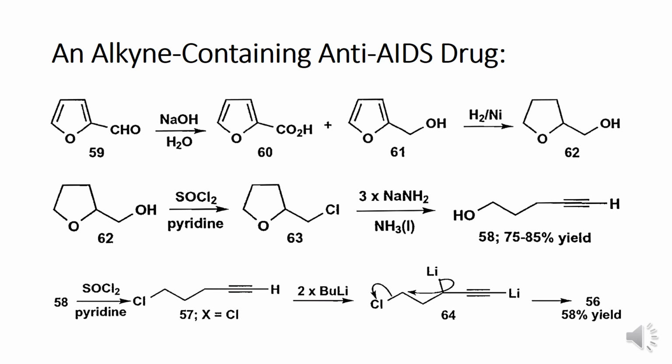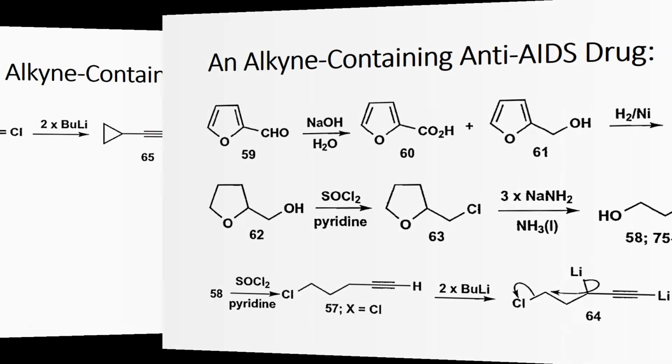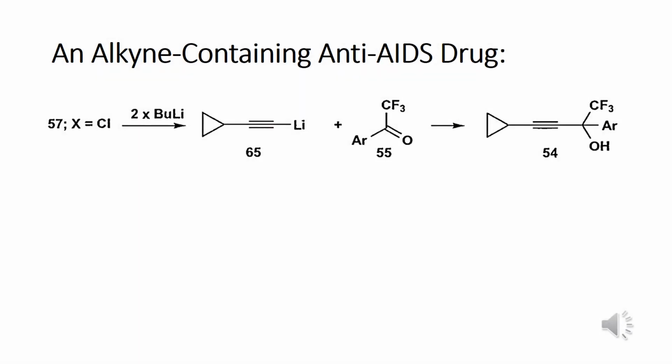The first proton is removed from the alkyne so that the cyclization occurs on the dilithium derivative. If the cyclization is not worked up, the product is the alkyl lithium that can be added directly to structure 55 to give the alcohol, structure 54.